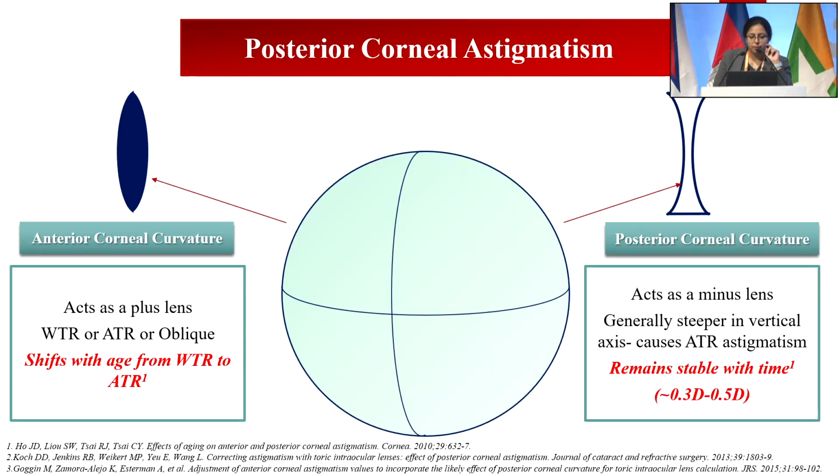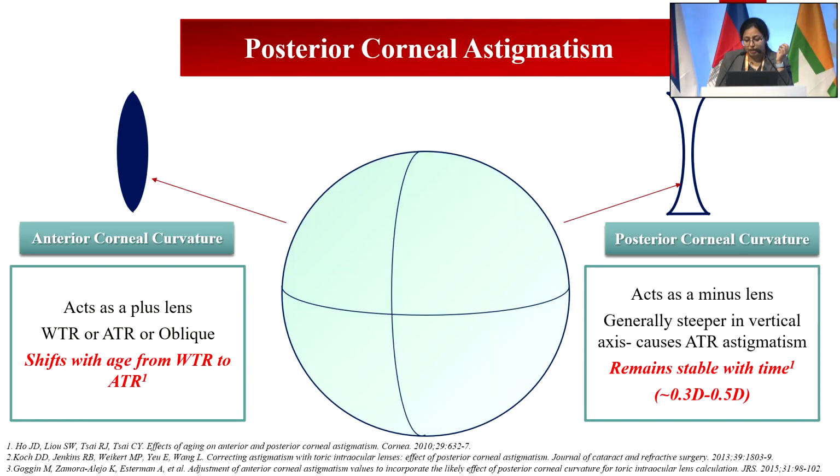Now coming to the posterior corneal curvature. So anterior corneal curvature, we know, acts as a plus lens. This is what is measured by the traditional keratometry devices, and it may be with the rule, against the rule, or oblique, and shifts with age from with the rule to against the rule. The posterior cornea acts as a minus lens, is generally steeper in the vertical axis and causes against the rule astigmatism.